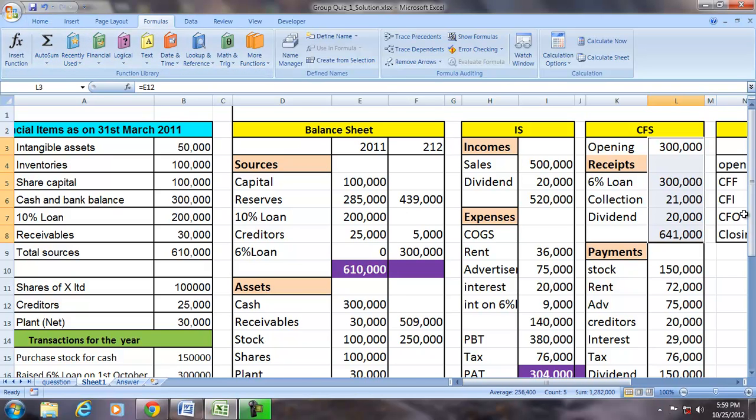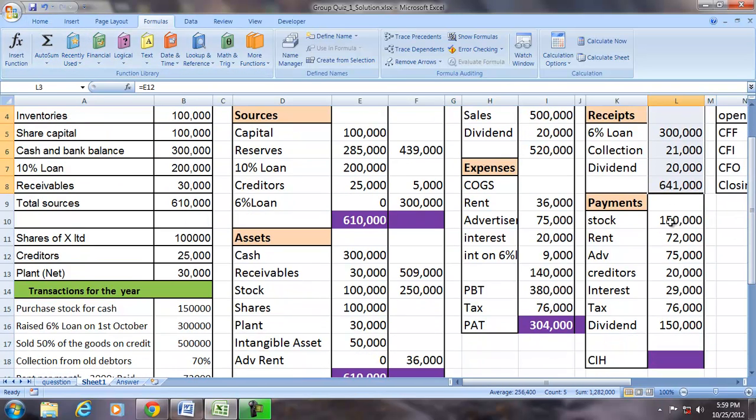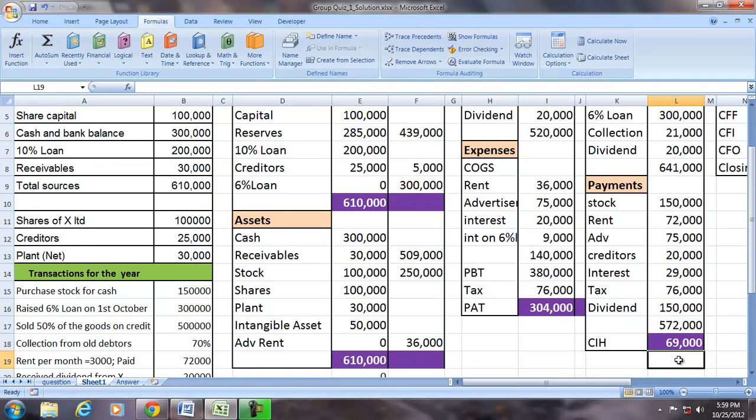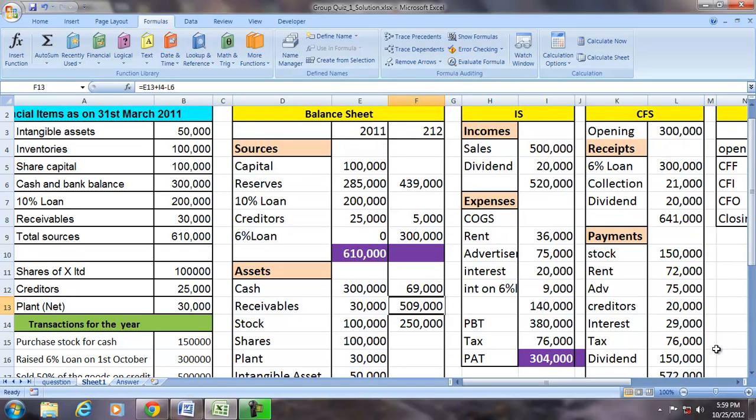Cash in hand is the cash available minus the cash payments. Cash available is 641 minus 572, so cash in hand is 69,000. Since the cash flow statement and income statement are done, we'll close the balance sheet.